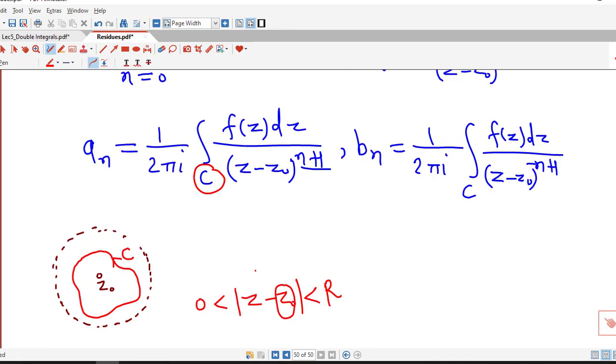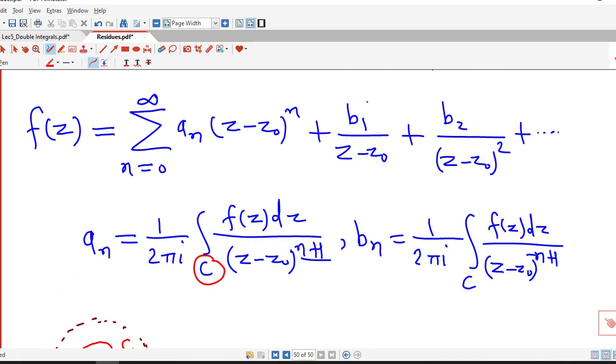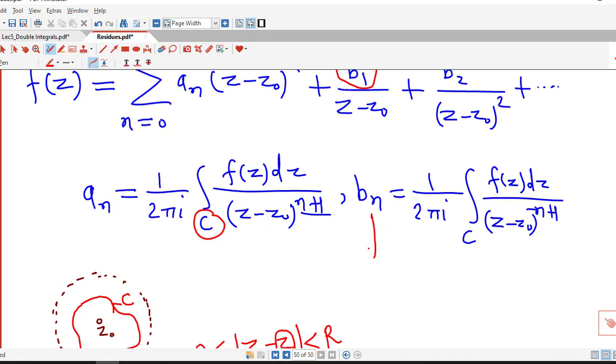Now we are interested in this coefficient b1. It is the coefficient of 1 over z minus z0, and if we take n equal to 1 here, we will obtain b1 equal to 1 over 2 pi i integral over simple closed contour C, and the power of z minus z0 is going to be 0.